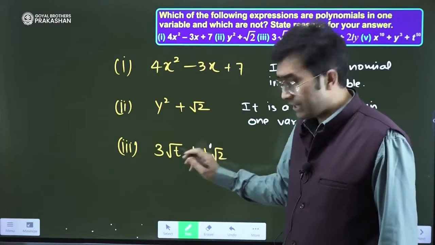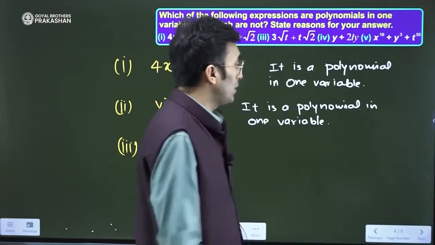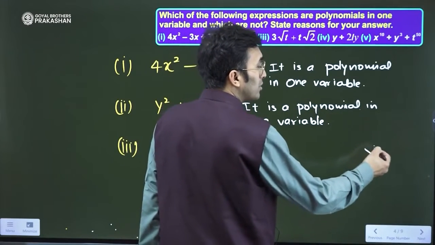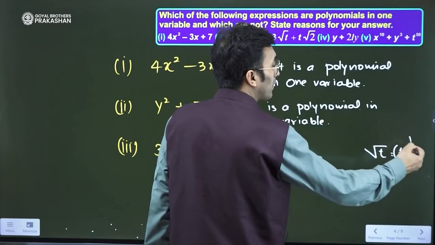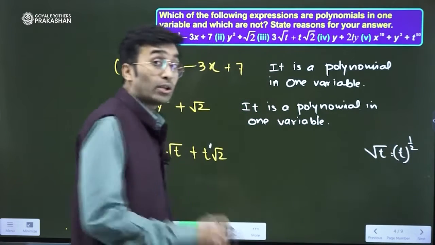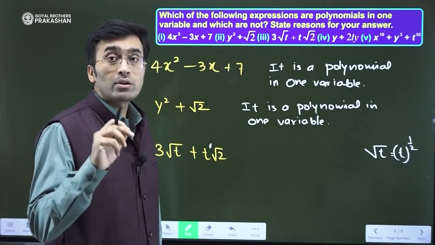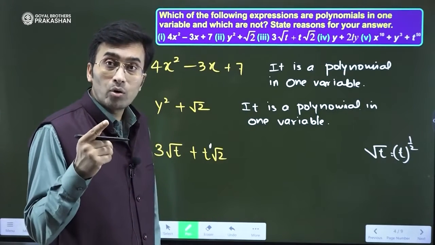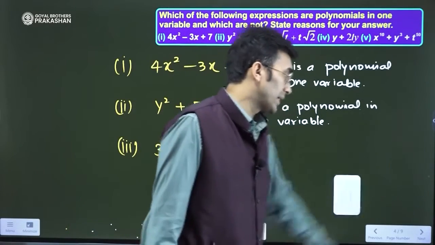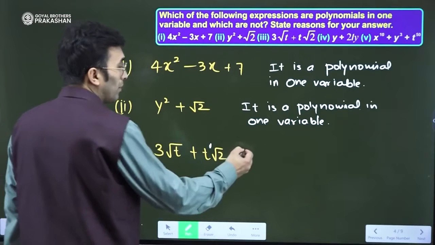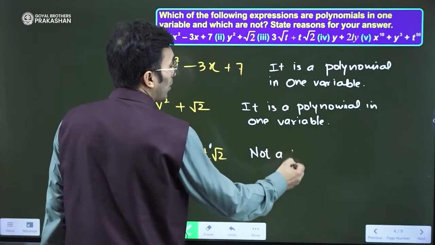But this other one is root t, and everyone should know that root t is t raised to the power 1 by 2. This is not acceptable, because the power of the variable should be a whole number. So it is not a polynomial.